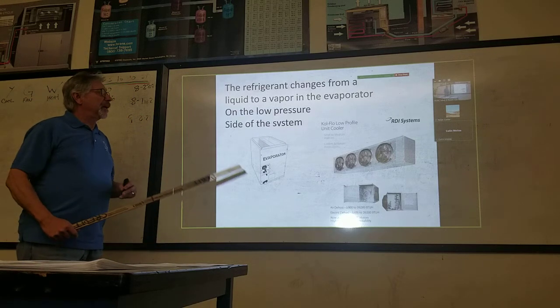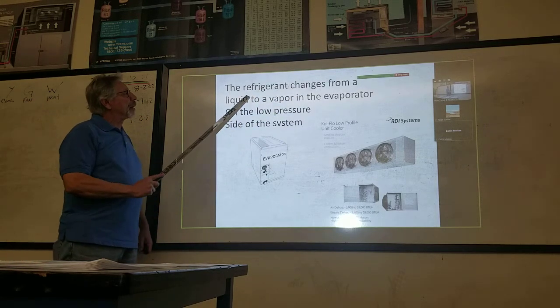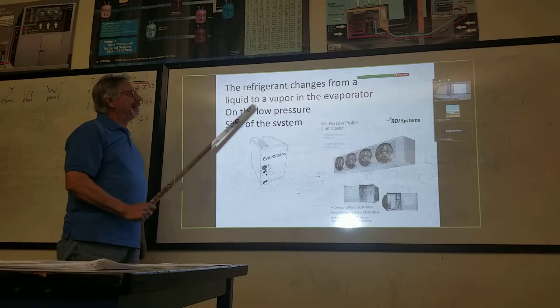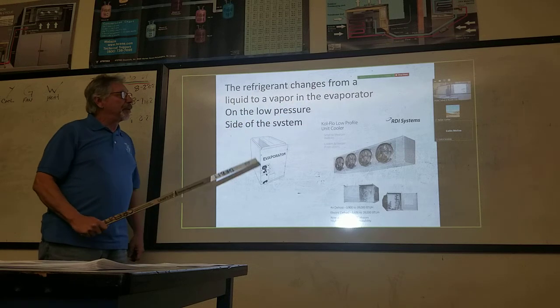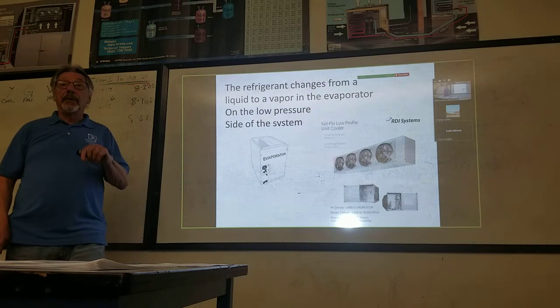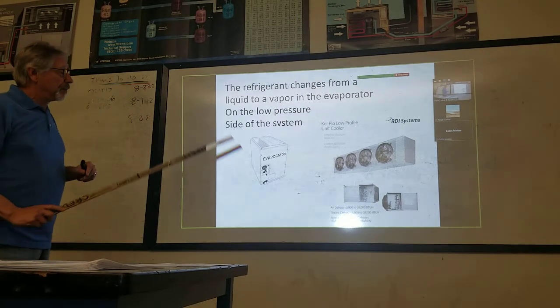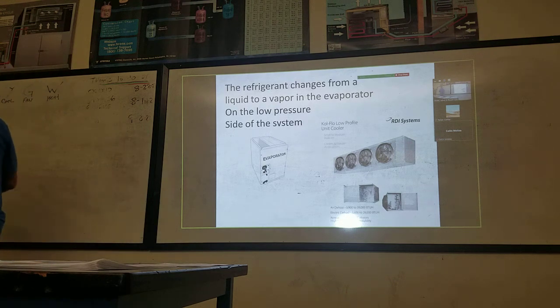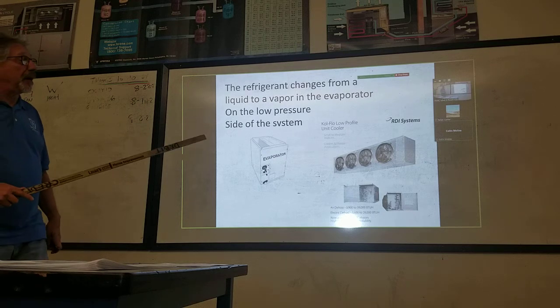Okay, so the refrigerant changes from a liquid to a vapor on the low pressure side of the system. As we can see, our gauges have two different gauges, a low pressure and a high pressure.